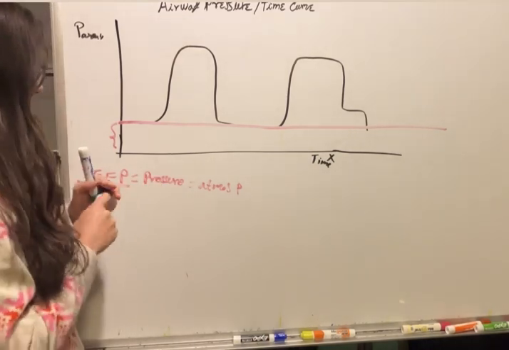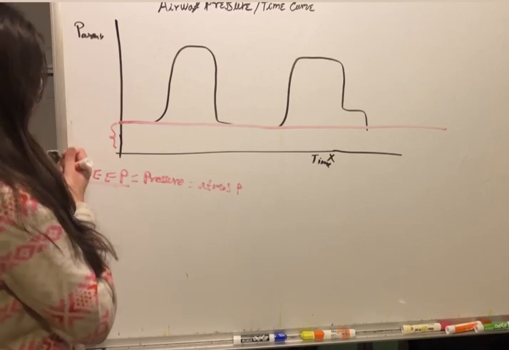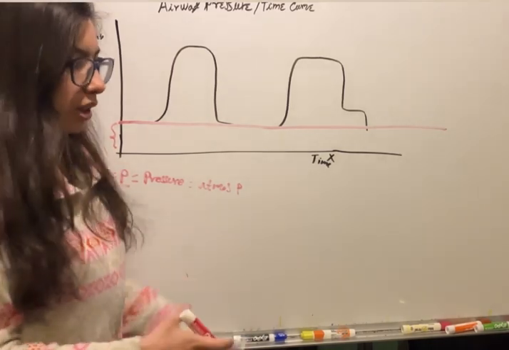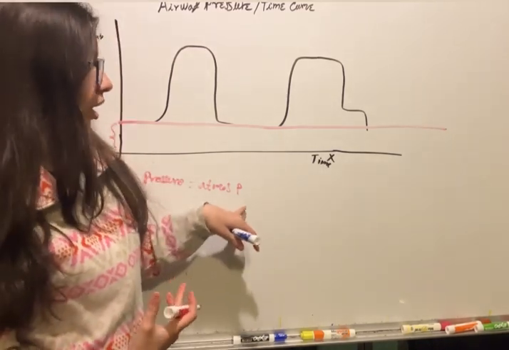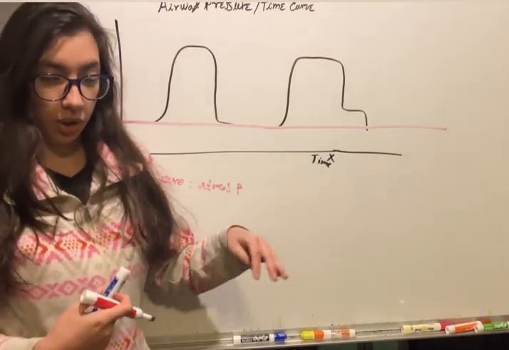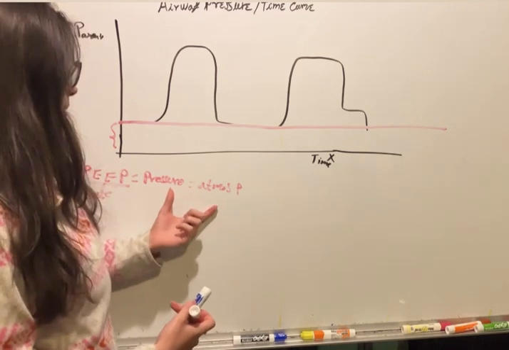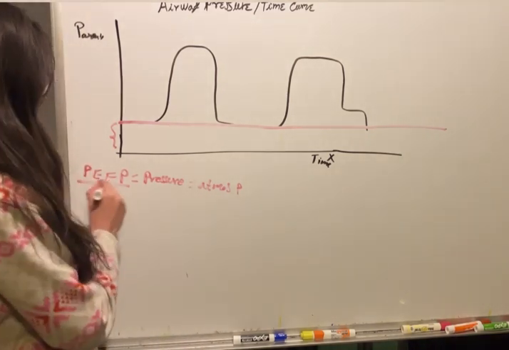And we can have what is auto PEEP, which is that the patient is retaining air. So this pressure is going to increase. If the patient does not take out all the air, the positive end-expiratory pressure is going to increase. This is called auto PEEP.